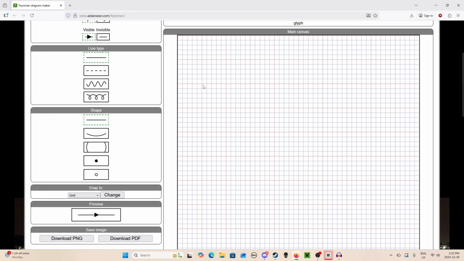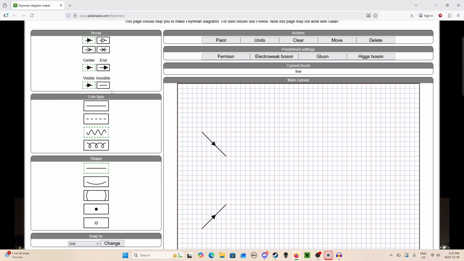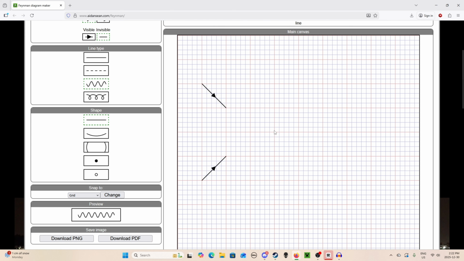Let's put a line from here to here. So this is going to be some sort of scalar. And then we're going to have another scalar of a similar type down here coming up. And I want to have at the end the production of probably a Z boson.